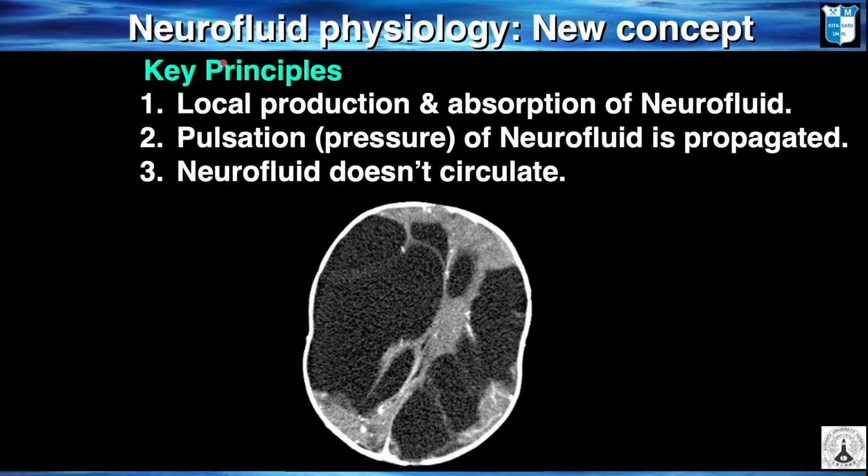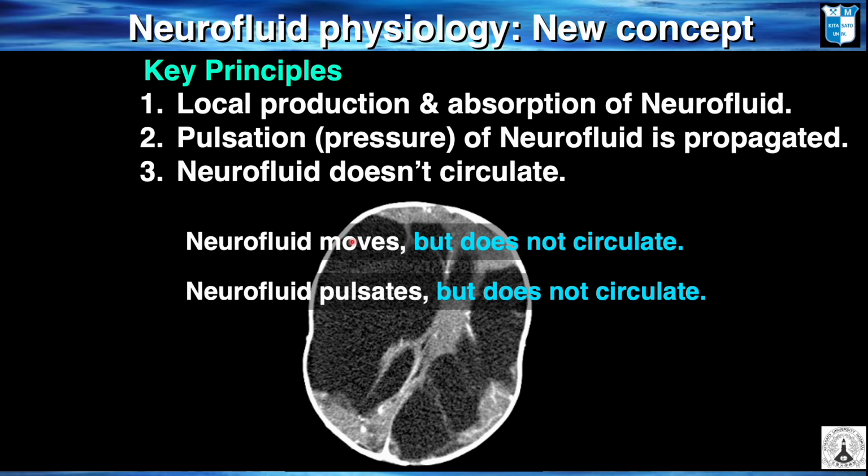This shows the key principles of the new concept of neural fluid physiology. First, local production and absorption of neural fluid. Second, pulsation, which means the pressure of neural fluid is propagated. And third, neural fluid doesn't circulate.